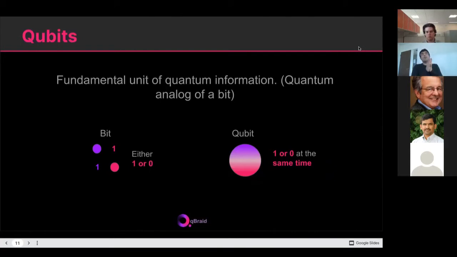So far, what we've understood is the field sort of got started with Schrodinger's equation in 1926. People started figuring out the structure of molecules and atoms at a microscopic level using Schrodinger's equations, then realized that the equations are really hard to solve.